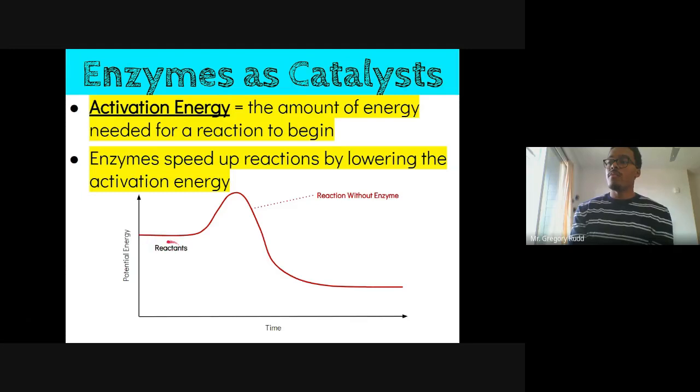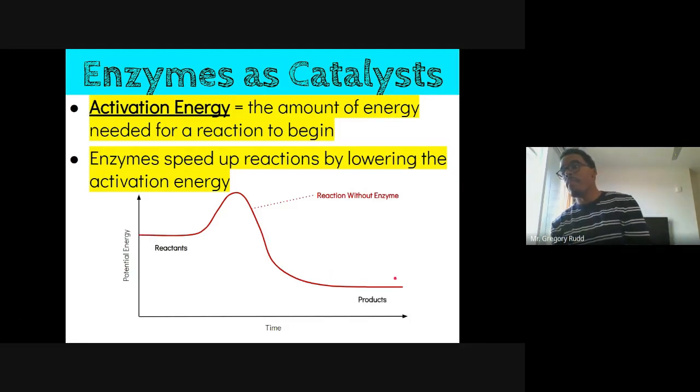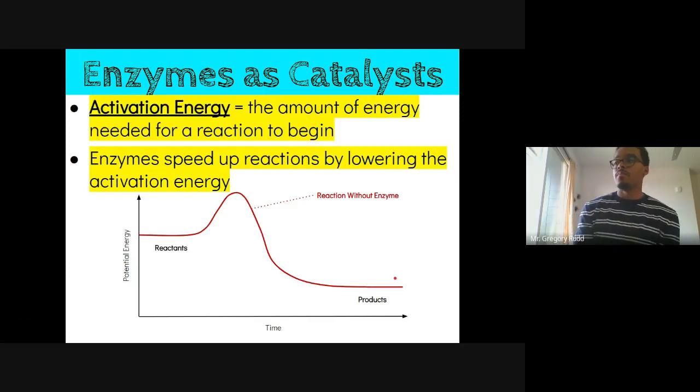We can see we start off with reactants, and as time goes on, the potential energy initially increases, and then it decreases pretty dramatically. And then we're going to end up with products at the end of the reaction. This reaction in red, the red curve, represents a reaction without enzymes. So this reaction is not benefiting from an enzyme.